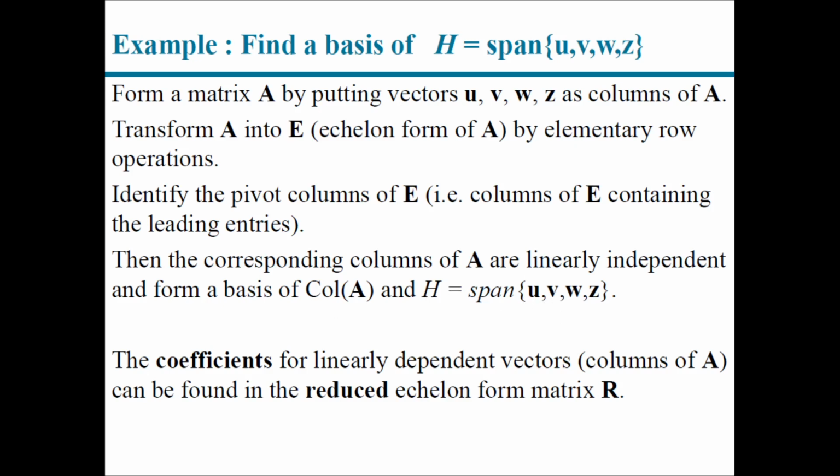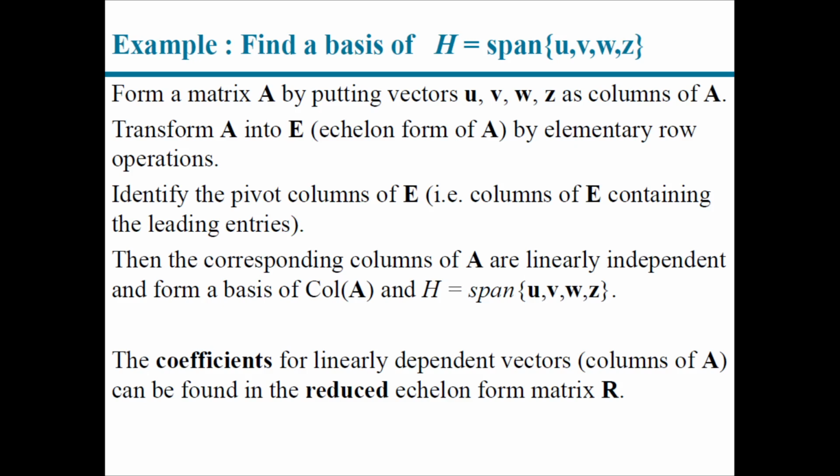It's very simple. You gave me 4 vectors, I put them into a matrix in columns, produce echelon form, identify columns with leading entries, go back to my original matrix, and the corresponding columns having leading entries from my original matrix are the basis for the column space, and also a basis for the span. That's it, very simple.